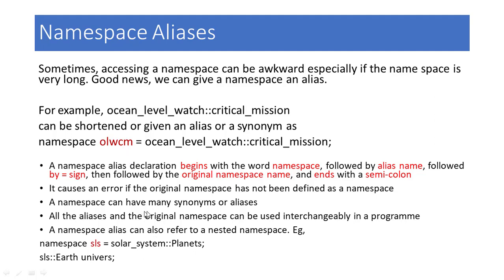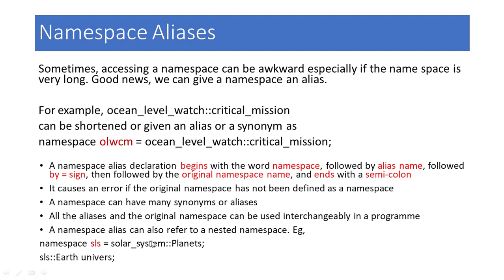A namespace can have many synonyms or aliases. All the aliases and the original namespace can be used interchangeably in a program. What that means is, if we are using this namespace, if it is added to our program, we can use the same long name as well as the shorter form for it. It will work. We can use them interchangeably, one or the other.